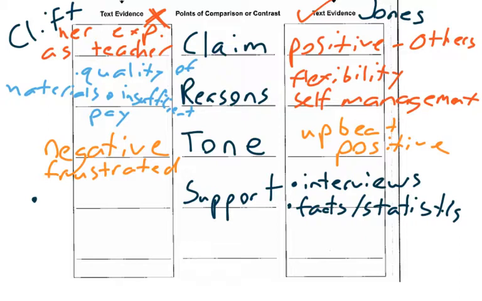However, if we go over and look at Clift's, is Clift using anybody else's evidence or anybody else's opinions to support her? No, Clift is only using her own experiences and her own opinions.